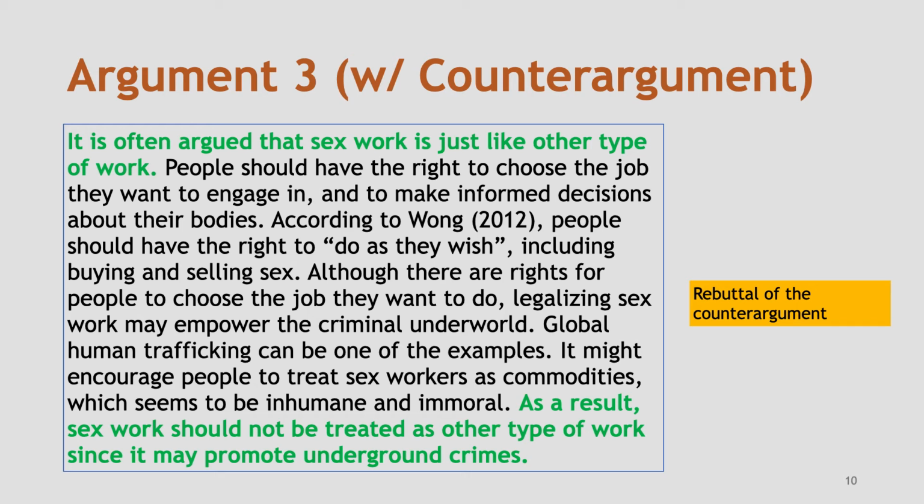As a result, sex work should not be treated as other types of work since it may promote underground crimes. So you can see that the concluding sentence is actually a summary of everything you have in the body part of the paragraph. It's not just a repeat of the topic sentence. So pay attention and take notes of this.